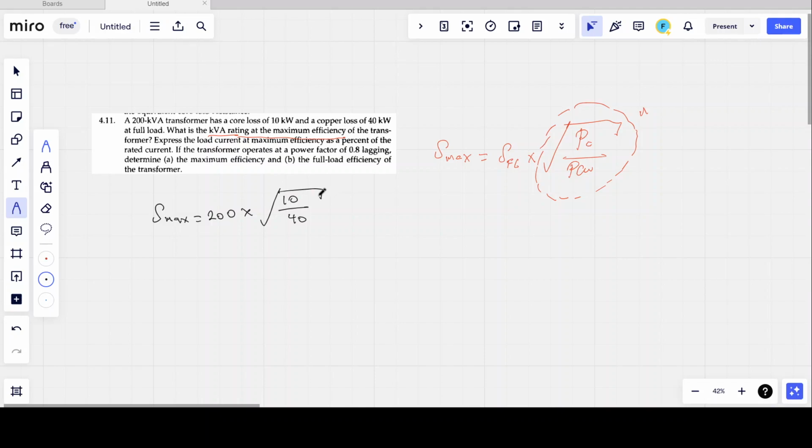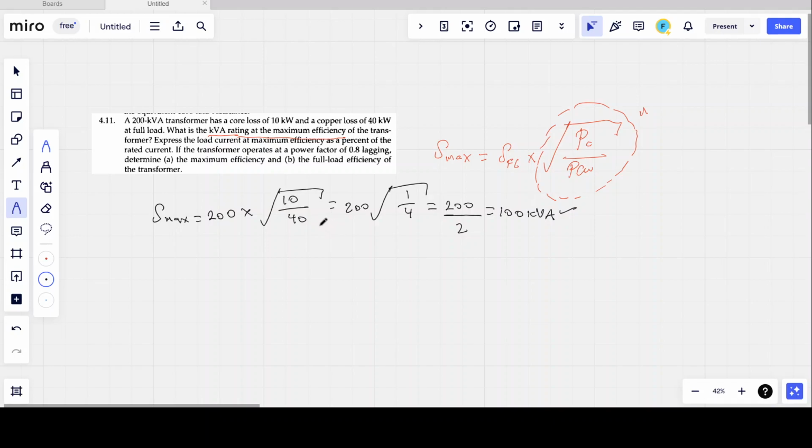Since it's kilo and kilo, they cancel out, so I'm not even paying attention to that. So this is about 1 over 4. Can you see? I think the mathematics here is easy. So this is the square root of 1 over 4, which becomes 200 divided by 2, right? So this is 100 kVA. So that one is done.